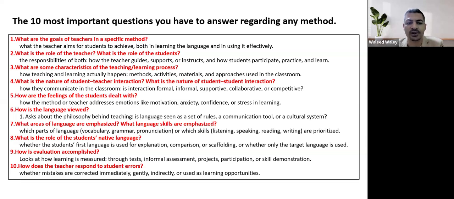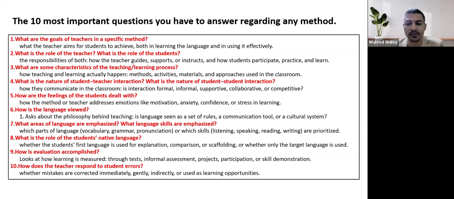Number three, what are some characteristics of the language and learning process? It means how teaching and learning actually happen. What are the methods, activities, materials, and approaches used in the classroom? And what is the nature of student-teacher interaction and student interaction? It means how they communicate in the classroom.